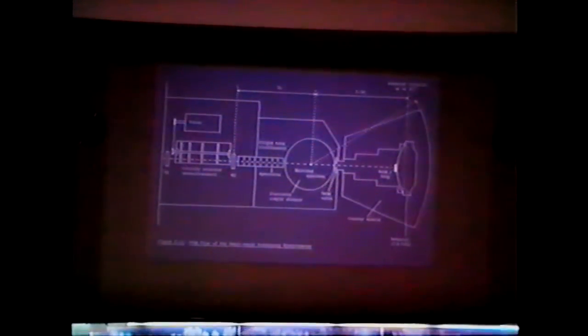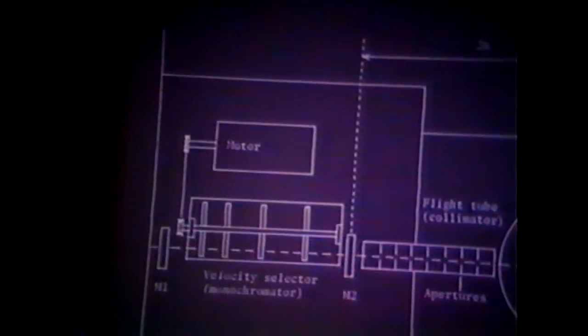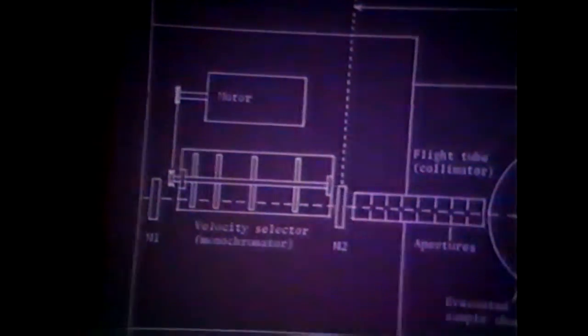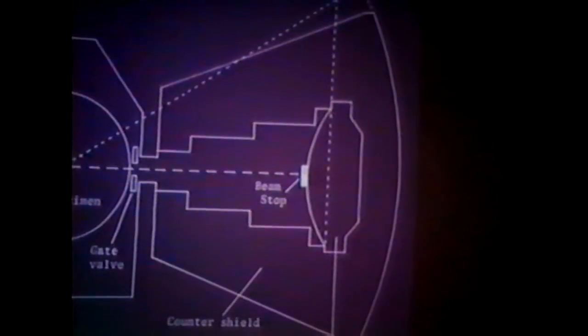The other aspect of neutron scattering, which I wanted to cover, is small angle or low Q scattering. Here the technique is that the neutron beam from the reactor is refined by 4 high-speed choppers, revolving at up to 90 revs per second, I think. Either 90 or 900, I've forgotten.